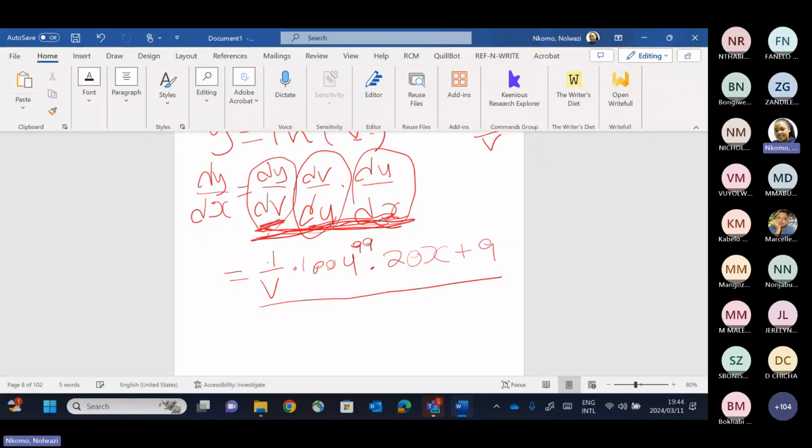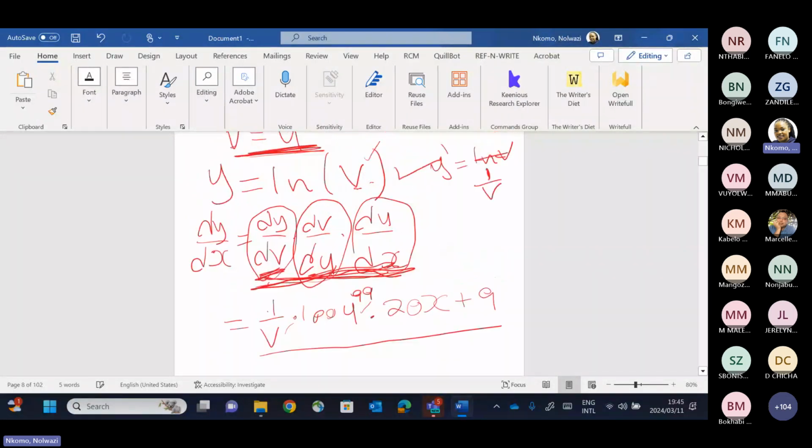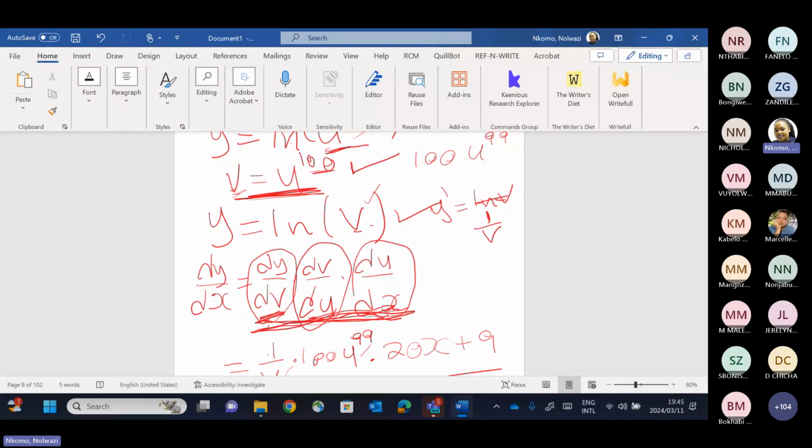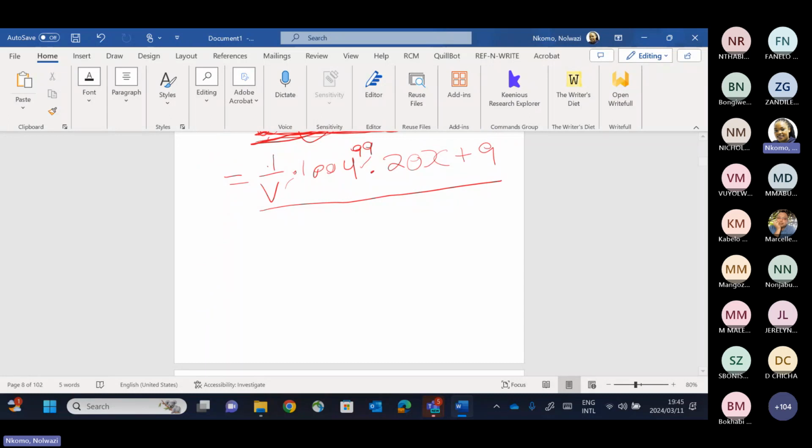Then the next part is to substitute these variables, right? First, let's substitute v. Remember we said v is equal to u to the power 100, right? So this means we have 1 over u to the power 100 times 100 u to the power 99 times 20x plus 9, right?